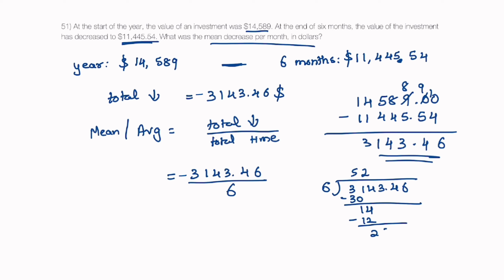That's 2. 3 times 3 is 18. That's 5 here. Now I'm getting 4 down, which is a decimal digit, so I need to put a decimal point here. 6 times 9, 54. 6. And we know it's going to be ones, right? And hence the answer is $523.91 per month is the loss.